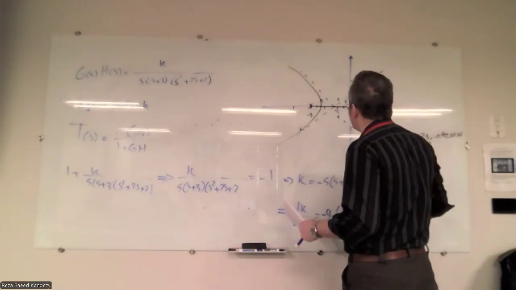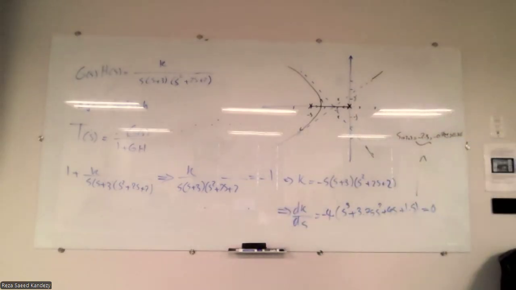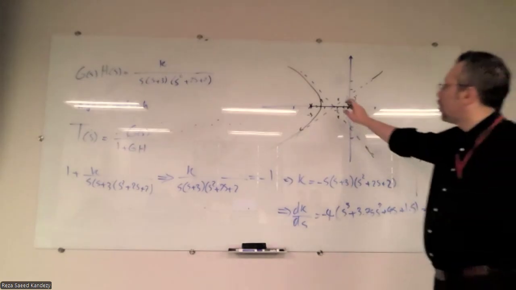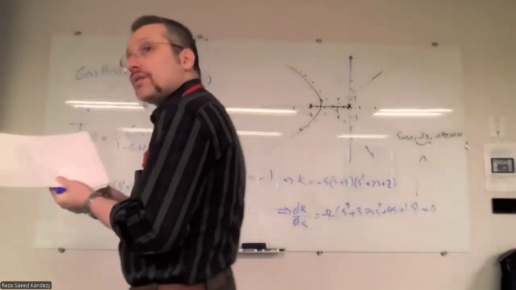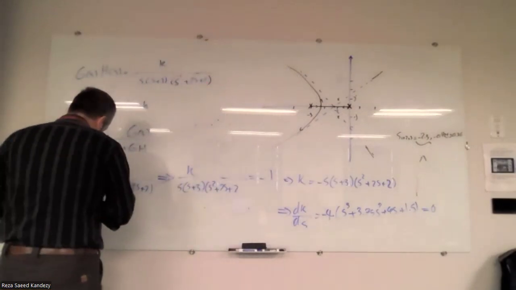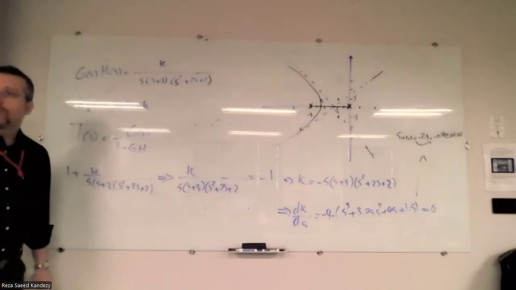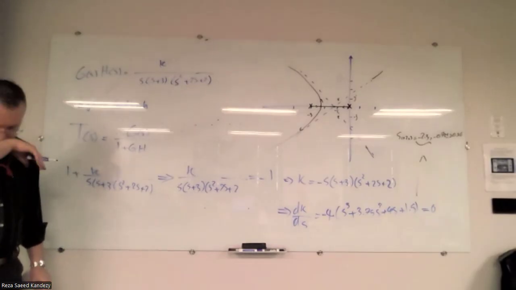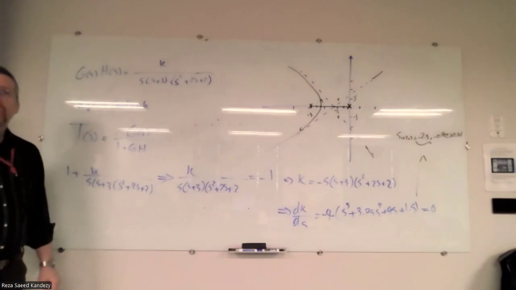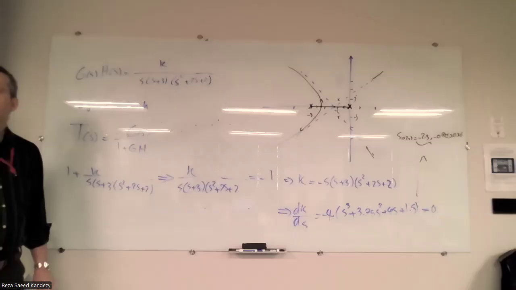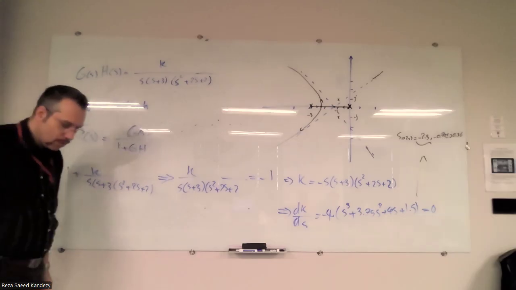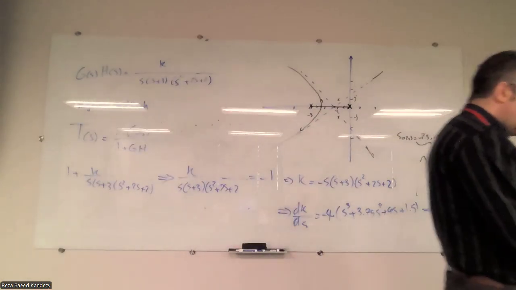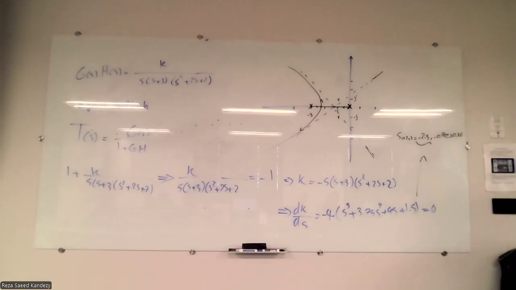Okay? But the question is, with what angle these two trajectories would leave the poles? We are going to consider one of them. The technique that we use for finding the theta of how the trajectory would leave the initial pole was to consider a very close auxiliary pole.